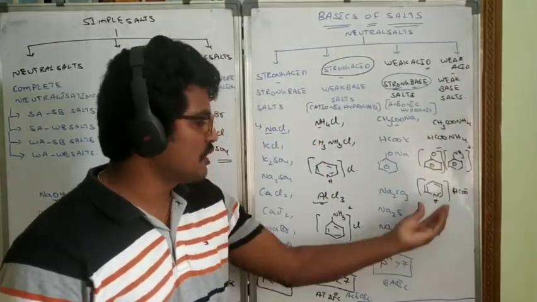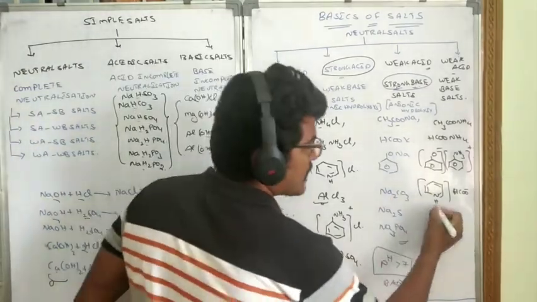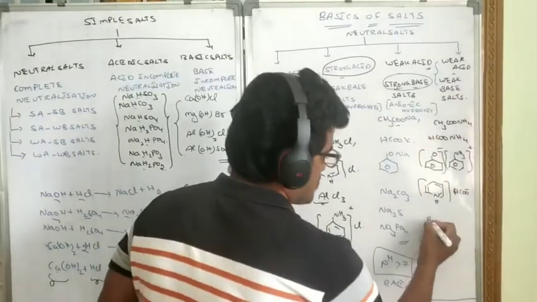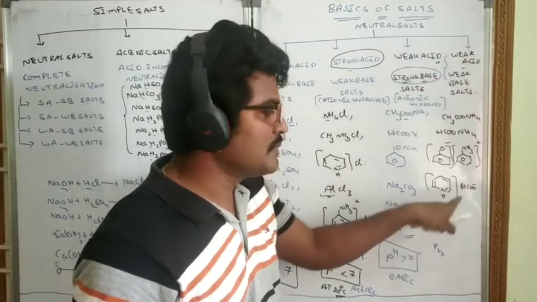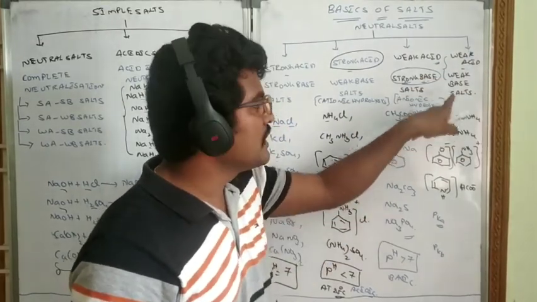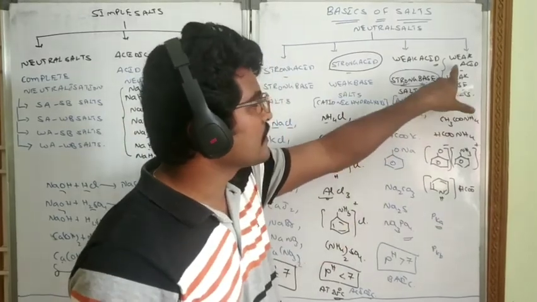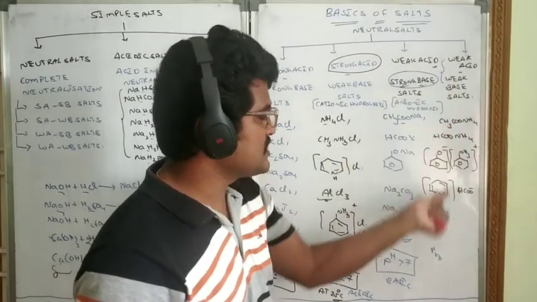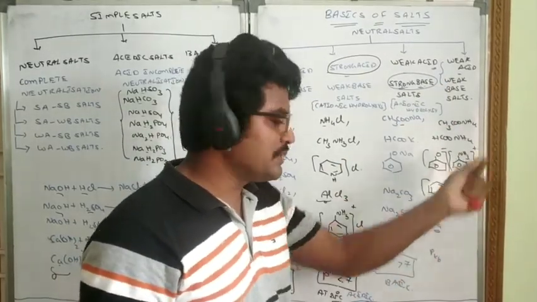Whenever these are dissolved in water, what will be the pH of the solution? Here also you can have pKa values. Stronger acid means less pKa will come. Weaker acid means more pKa will come.